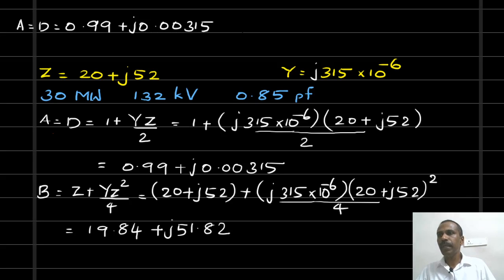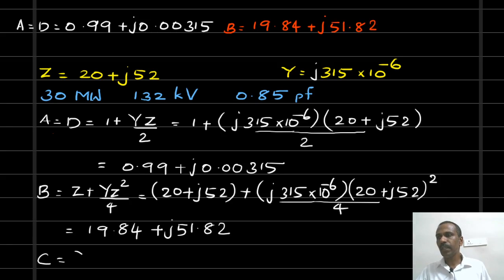So the constant B is equal to 19.84 plus J51.82.